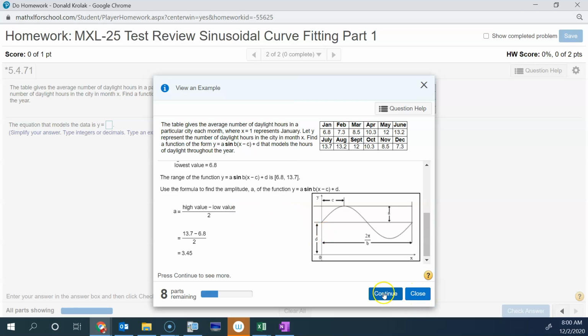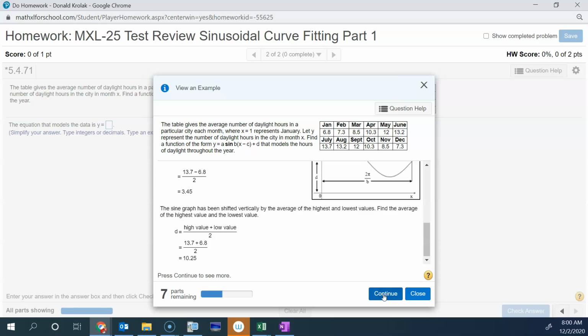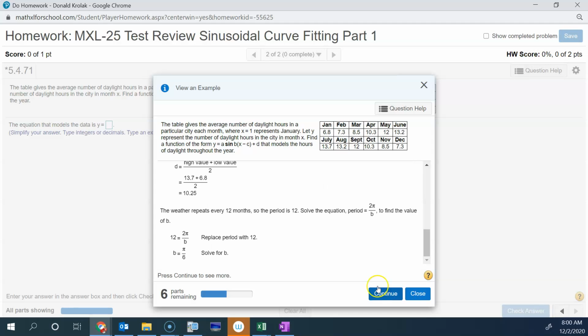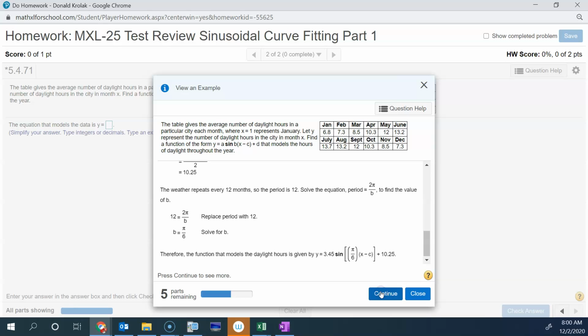And then we got our midline by adding them and dividing by 2. Okay, then we did the B value, pi over 6.